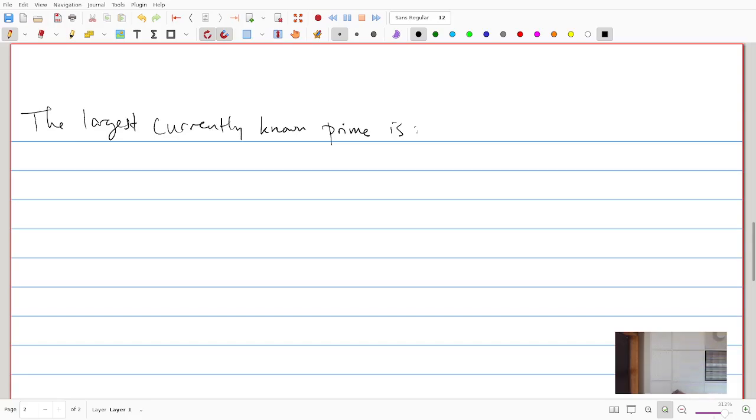So until someone finds a bigger one, this is the biggest one we know. 2 to the power of 82,589,933, minus 1. This is a very large number.